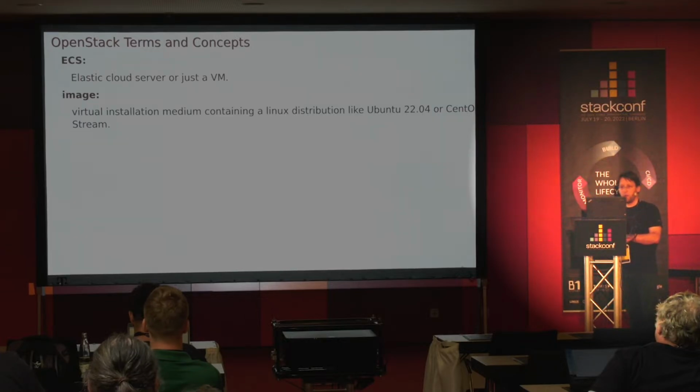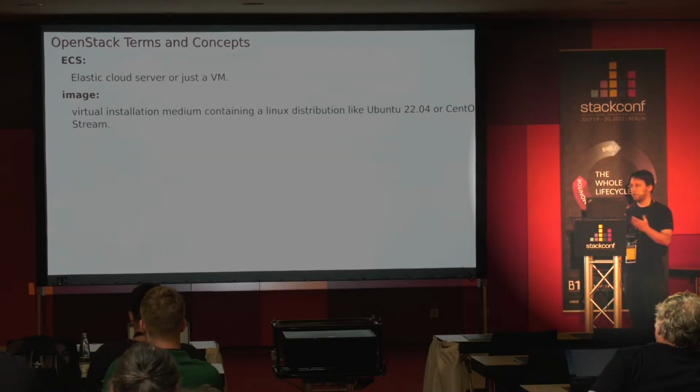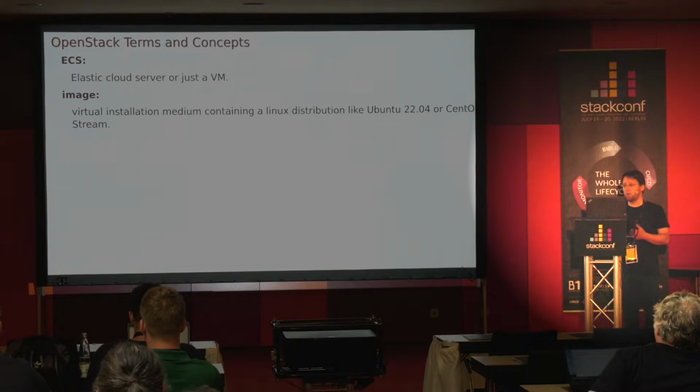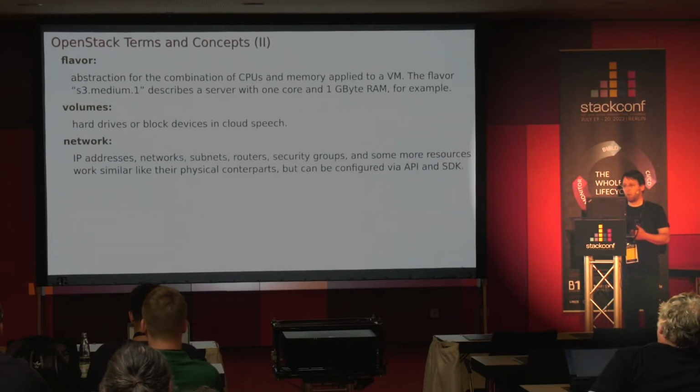ECS is an abbreviation for Elastic Cloud Server or just a VM. An image is the installation image, like Ubuntu 22.04 or CentOS Stream, something like that. We have flavors in cloud computing.